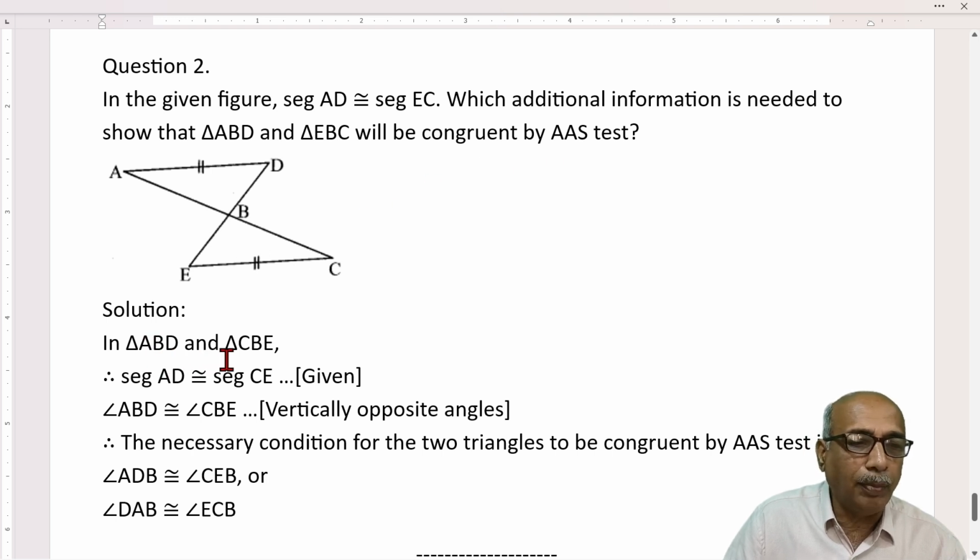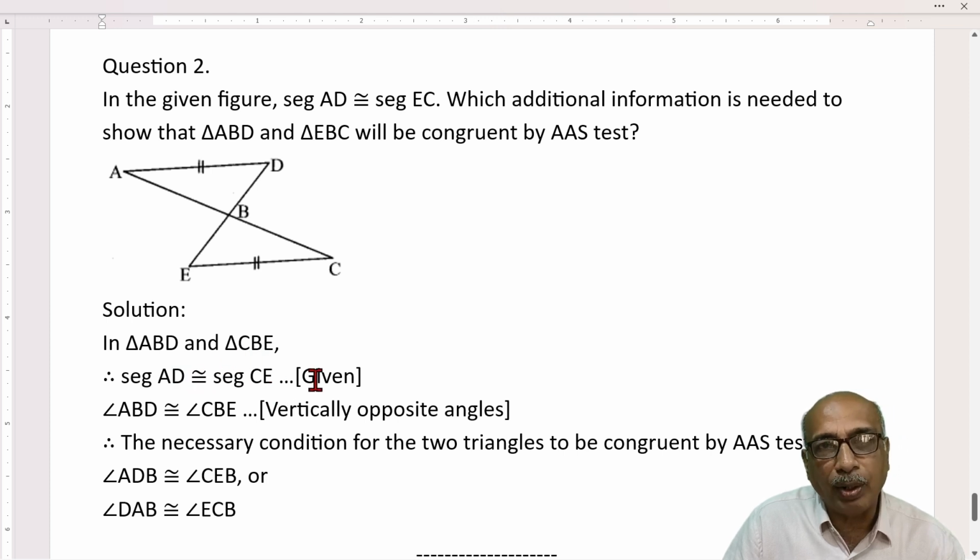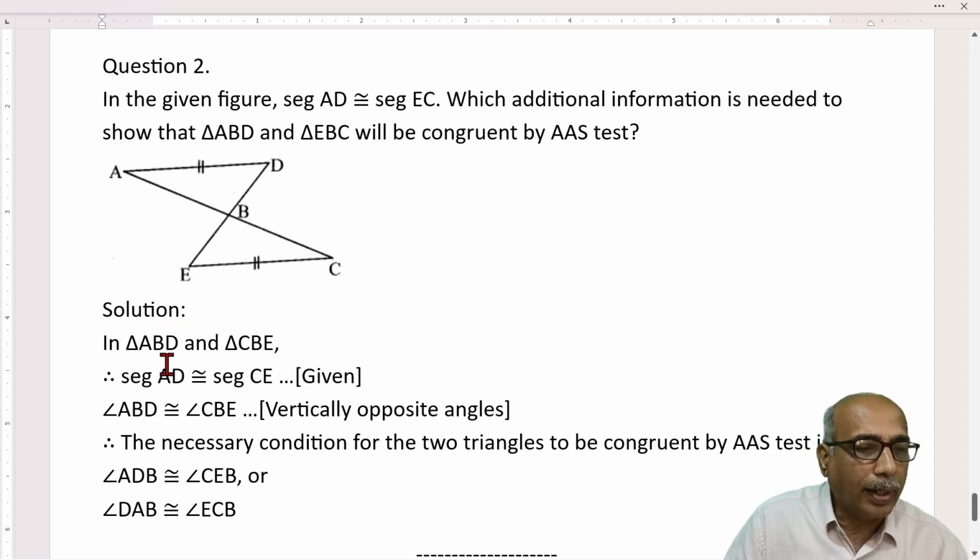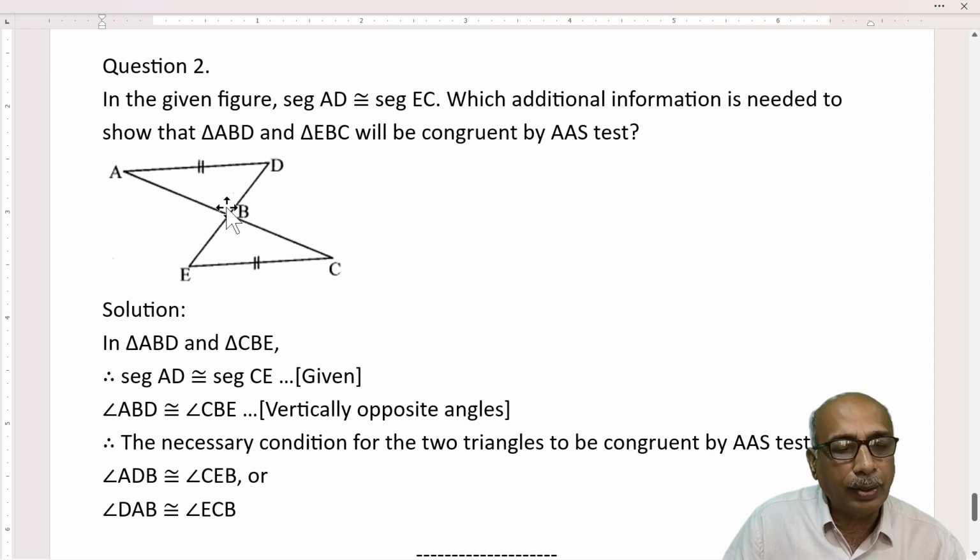In triangle ABD and CBE, AD congruent to CE, it is given only. Angle ABD and angle CBE, these are two vertically opposite angles. These are congruent only.